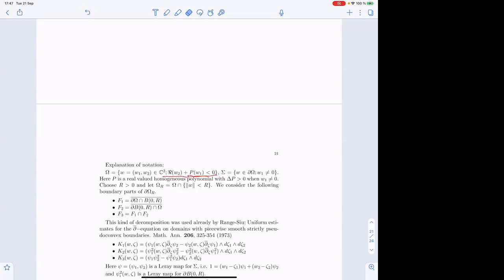So when W1 is 0, you don't have support surfaces. So when we talked about the boundary of Omega, we only worried about the part where the first coordinate is non-zero, because it's hopeless at W1 equals 0. But for W1 different from 0, you can imagine, as in the strongly pseudoconvex case, you have local support surfaces in tiny neighborhoods.